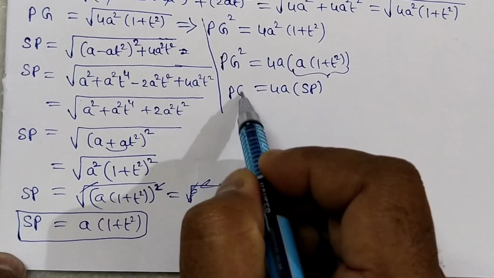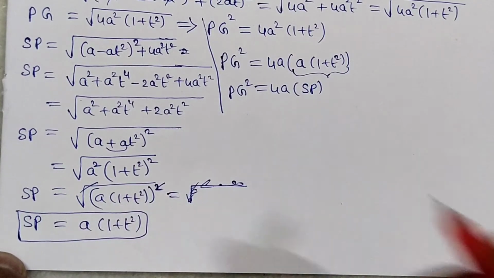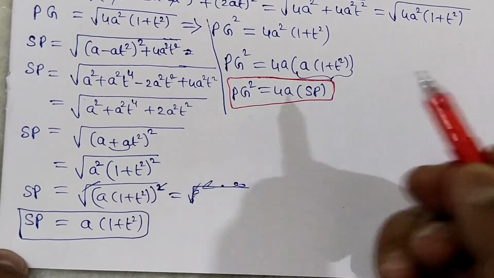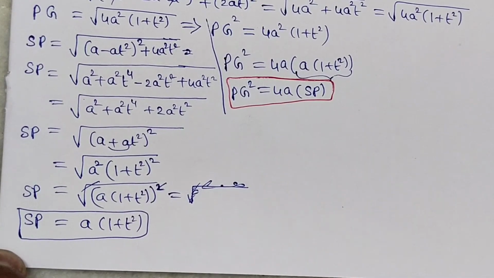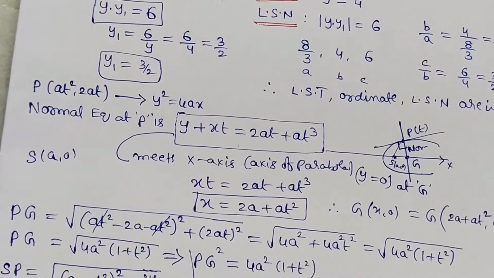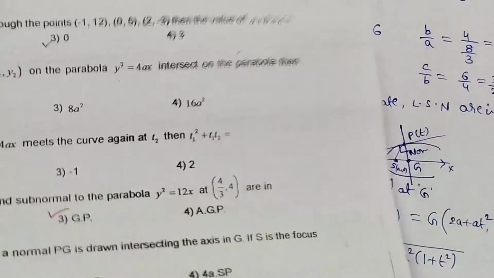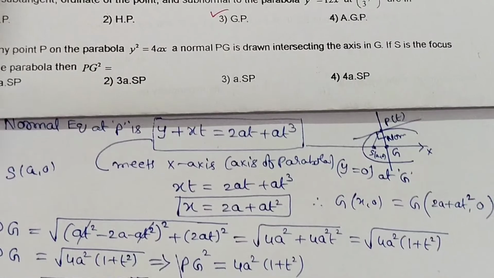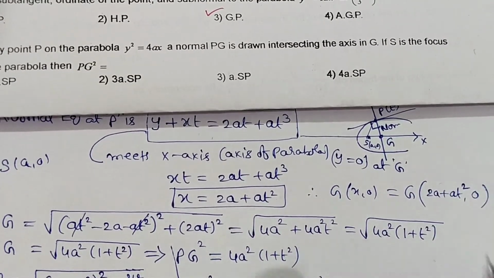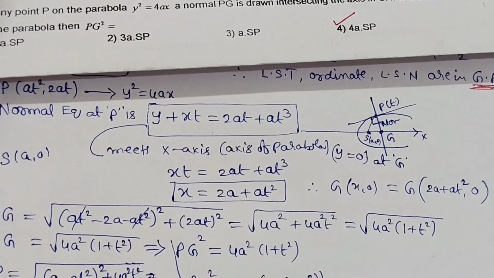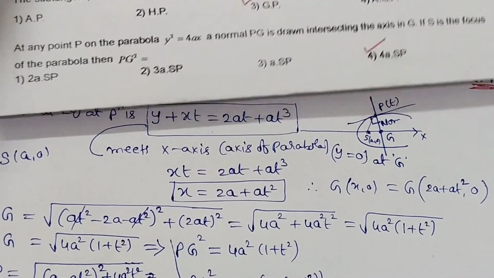So PG square equals 4a into SP. Like this we can get the answer. Among the options, which is the right option? 4a into SP is the fourth option, the right option.